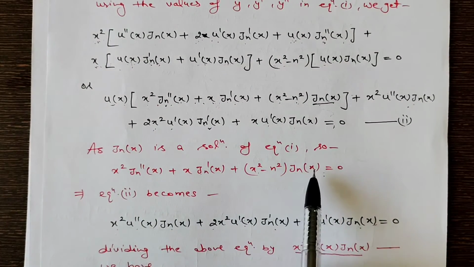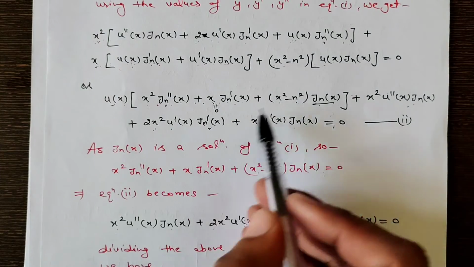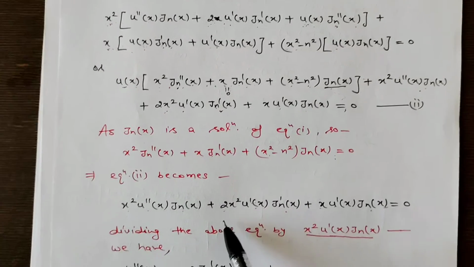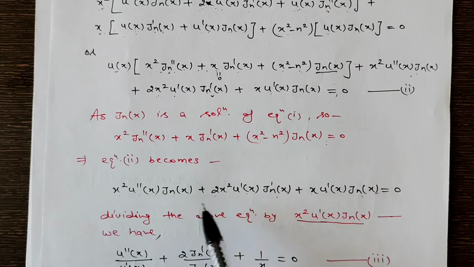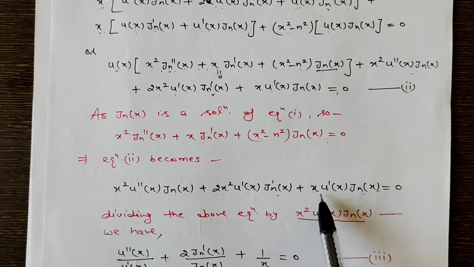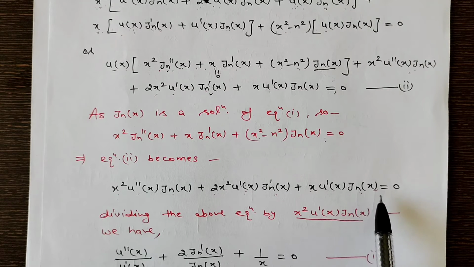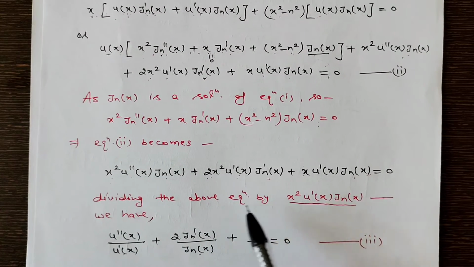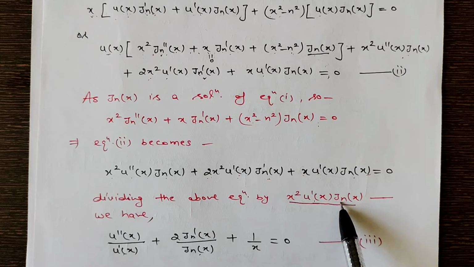After putting this value, this entire term becomes 0, so it vanishes and the remaining terms are these three terms: x square into u double prime x Jnx plus 2x square u prime x Jn prime x plus x into u prime x Jnx equals to 0. In the next step we will divide this equation throughout by the term x square into u prime x into Jnx.